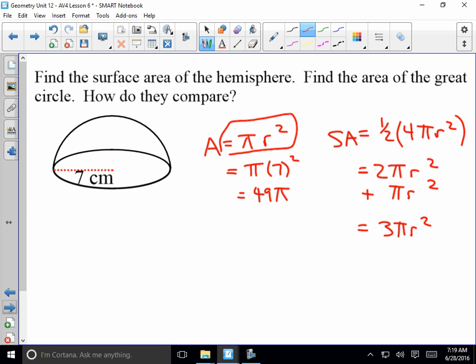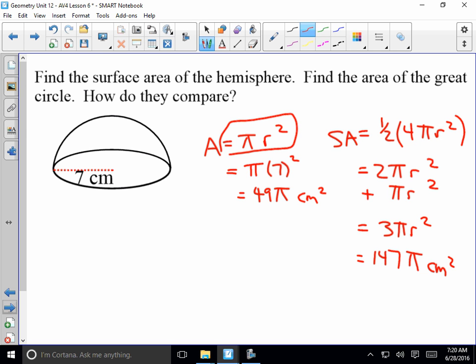So I can actually finish this problem up by not doing all the rest of the work. All I would have to do is 3 times 49 to get 147 pi, and we would have our centimeters squared.